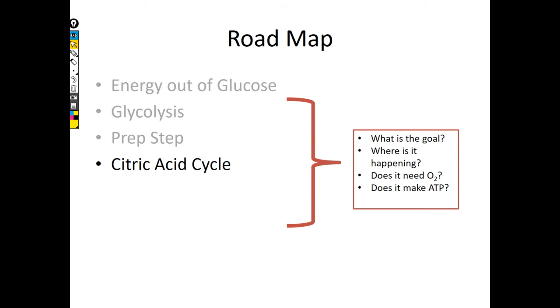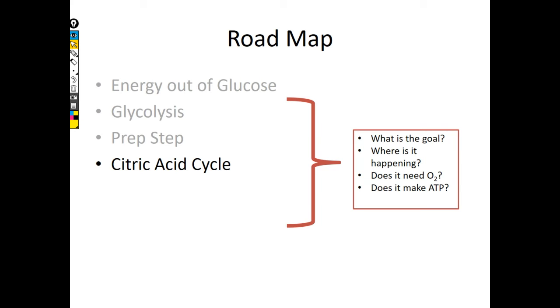Okay. And even though we're going to add some more details to it, we still want to make sure that we don't get overwhelmed. We want to stay focused on our box. What's the goal? All right, so what do we go in with and what are we ending with? And it's a cycle, so that's not quite as straightforward as it has been in the past, but we can still focus on that.